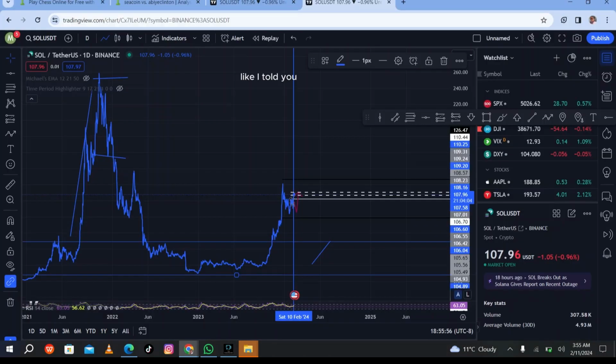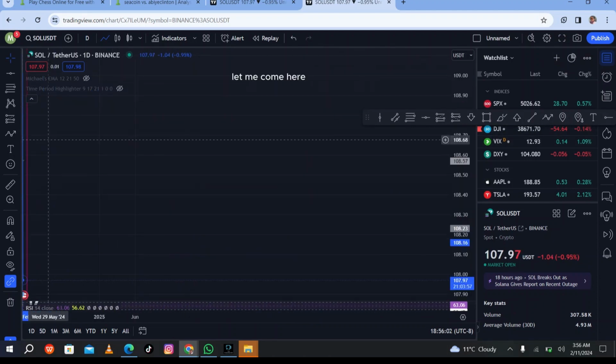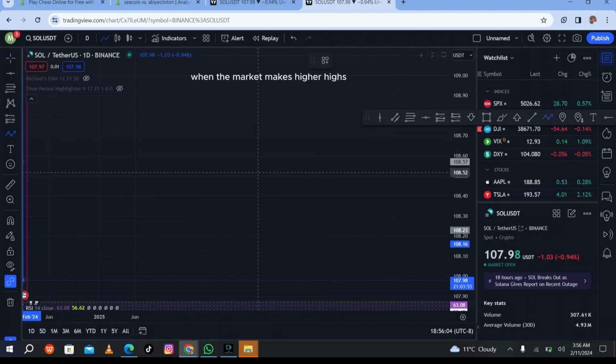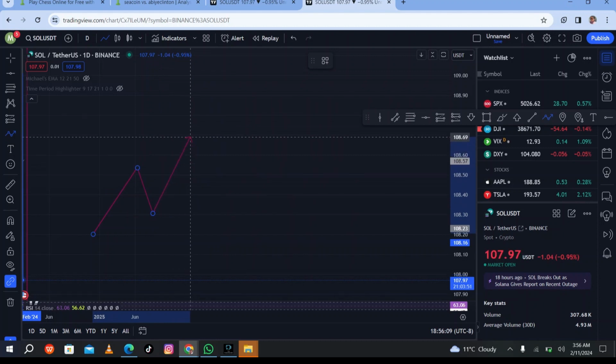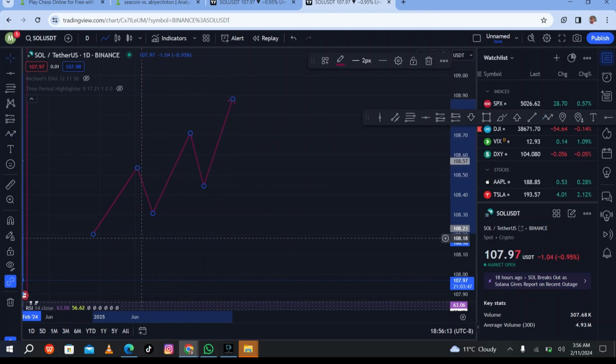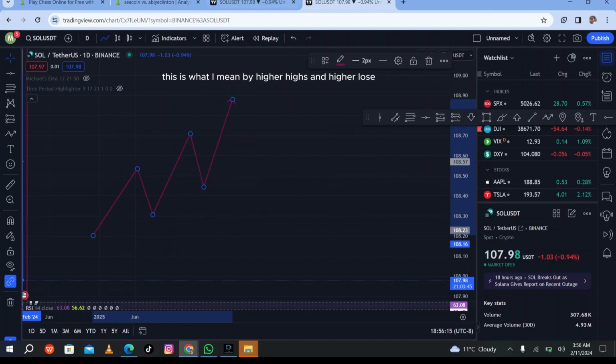Like I told you, the nature of a trend is when the market makes higher highs and higher lows. Let me come here. This is what I mean by higher highs and higher lows.